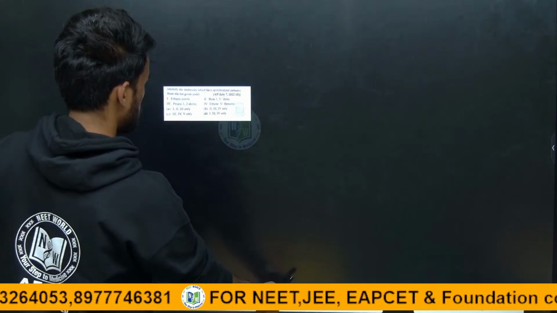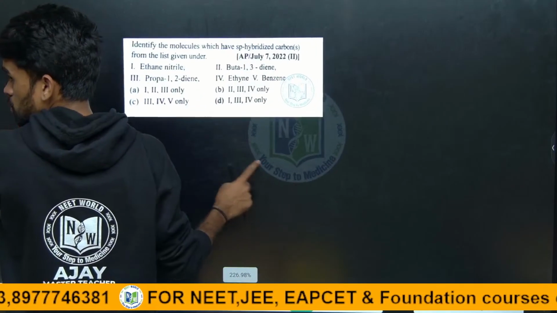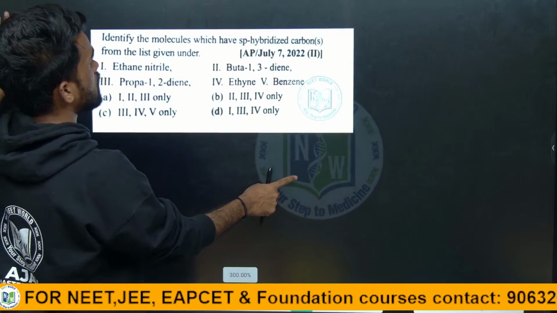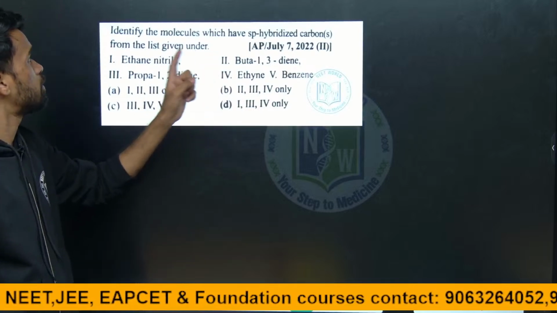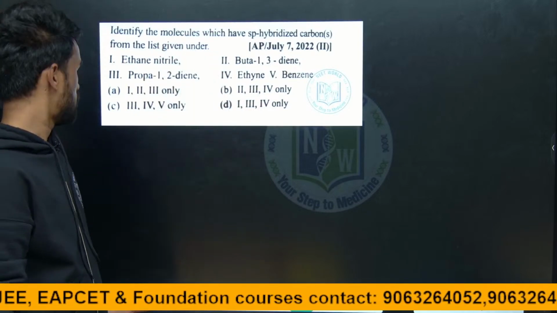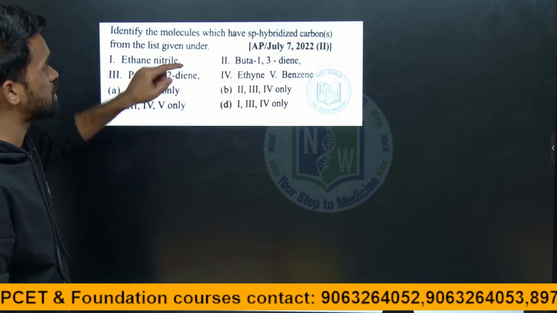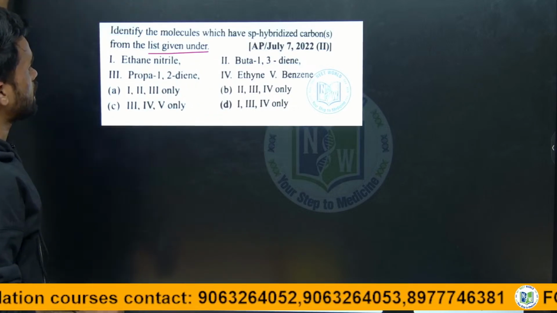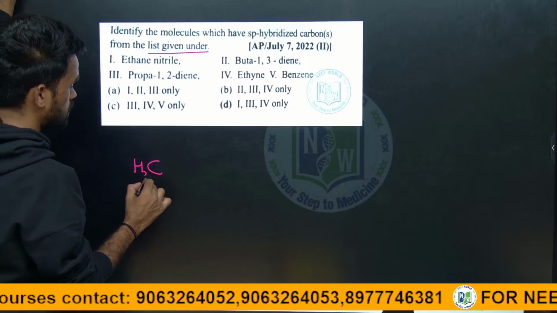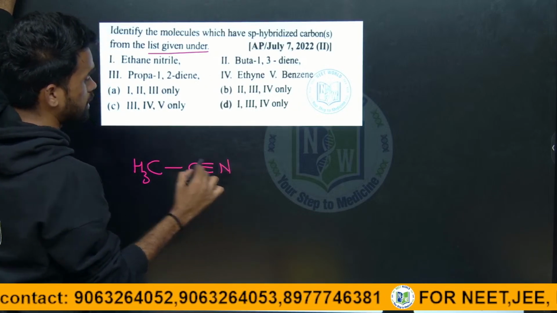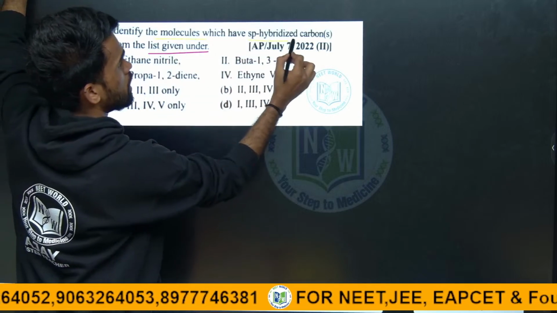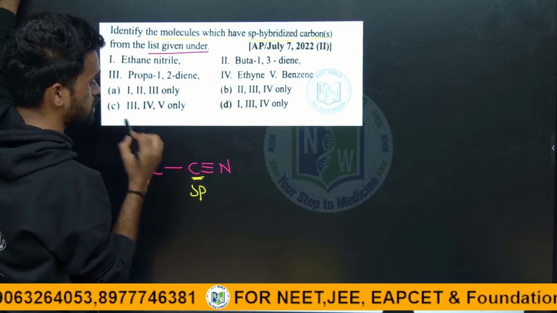Then next, identify the molecules which have sp hybridized carbon from the list given. Try to identify which has sp hybridized carbons. Ethane nitrile, you can write the structure like this, and this is the sp hybridized carbon.